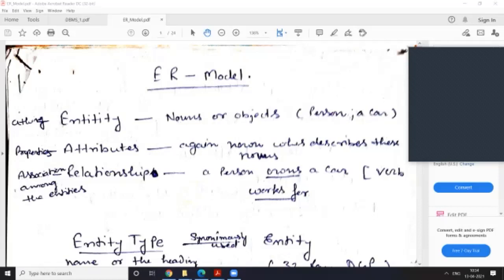Obviously, we human beings can easily understand a diagrammatic representation. If I present some kind of picture in front of you, you can easily understand what this picture is saying, if you have the knowledge about the various parts represented by that picture.